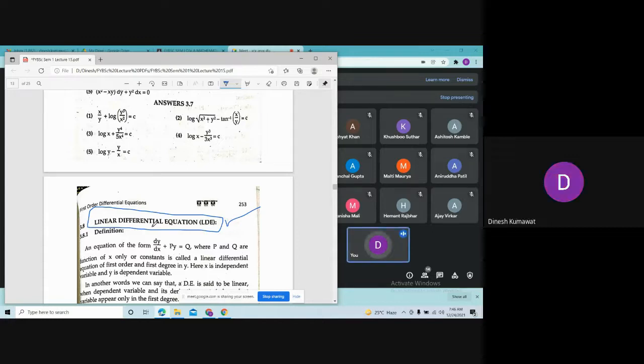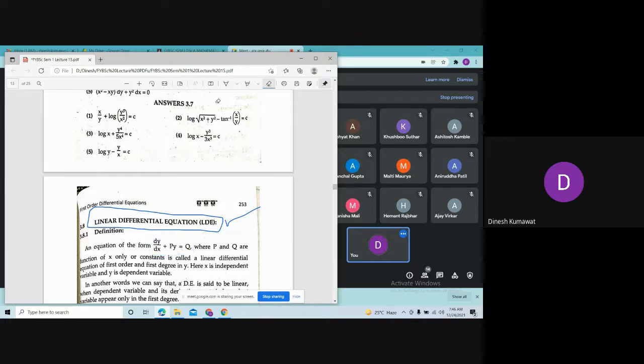So the general form of linear differential equation is nothing but dy by dx plus py is equals to q. Observe, an equation of the form dy by dx plus py is equals to q. Now here you need to note down one thing.